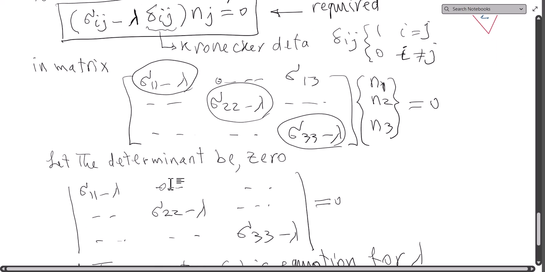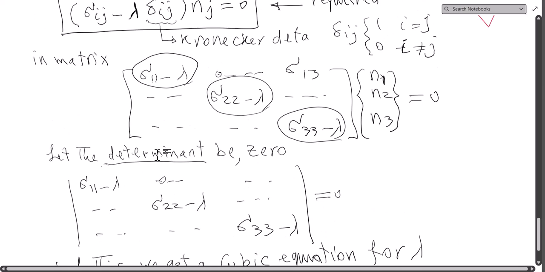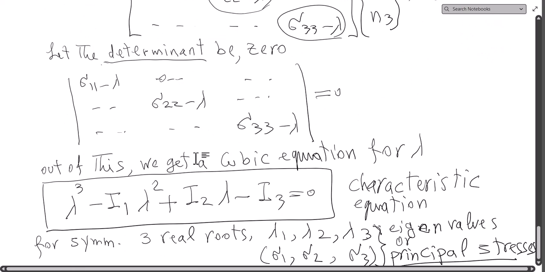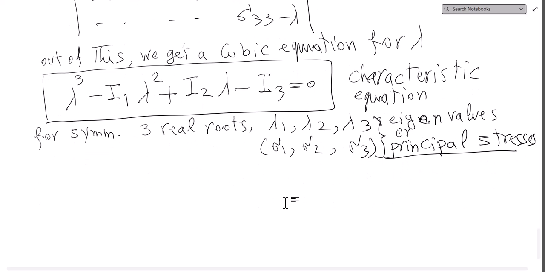So in order to get a non-zero solution, we come here, and this is the determinant of this system. The determinant should be 0, and that determinant gives you a cubic equation. The roots of that cubic equation are your principal stresses. That is the summary of this method.